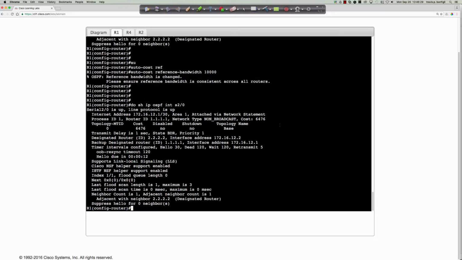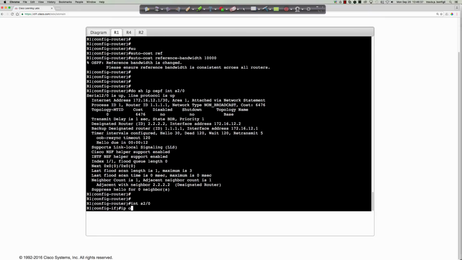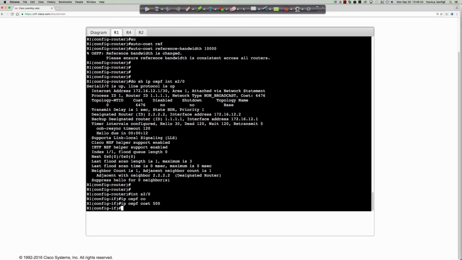Now we're going to go ahead and tweak the cost of the link as well. Let's get into interface serial 2/0, and you would simply say IP OSPF cost 500. Now when I run show IP OSPF interface serial 2/0, you can see very manageable numbers here. What would we expect to see?